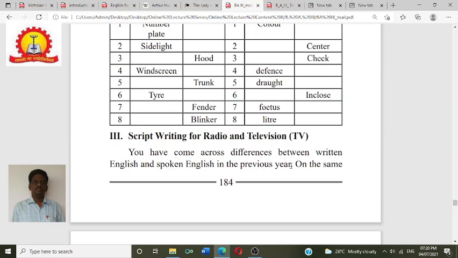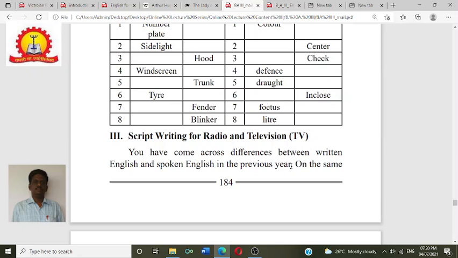If we chronologically arrange these three script writing skills, news writing for print media is easier than writing for radio, and writing for radio is easier than writing for television, because television media is always accompanied by visual images.